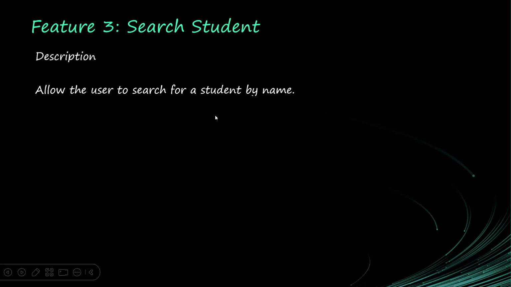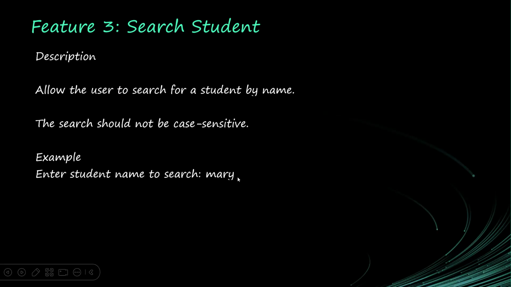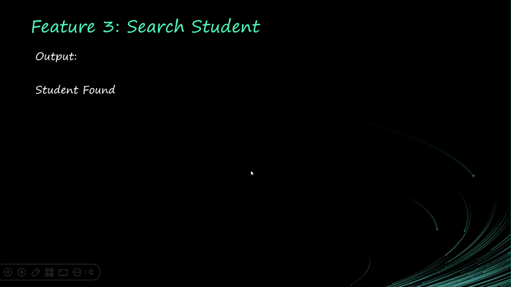We allow the user to search for a student by name, and the search should not be case sensitive. So example: enter student's name to search, Mary, and then that should show student found, name Mary, age 20. If not found, we print a message.